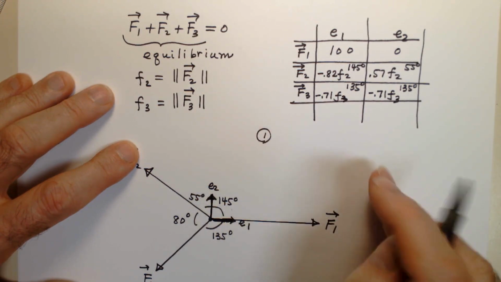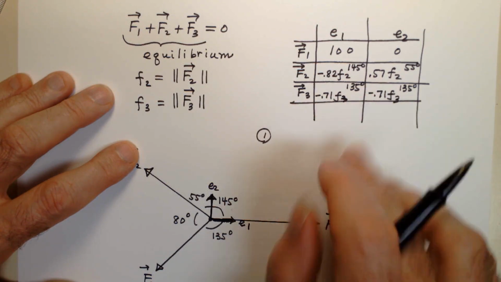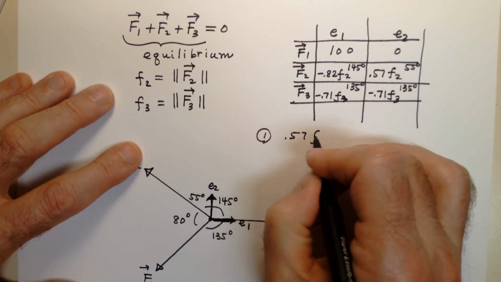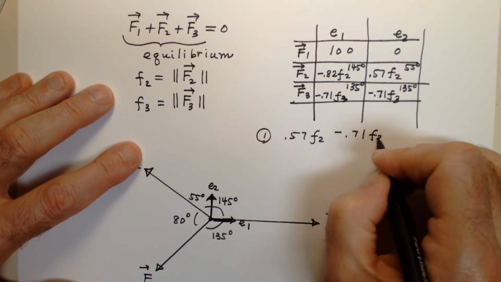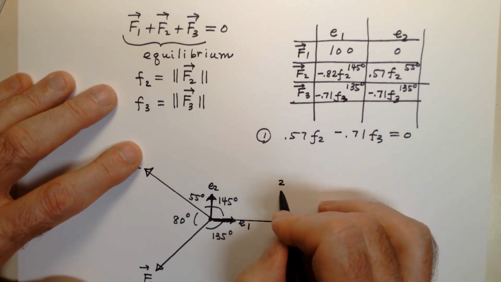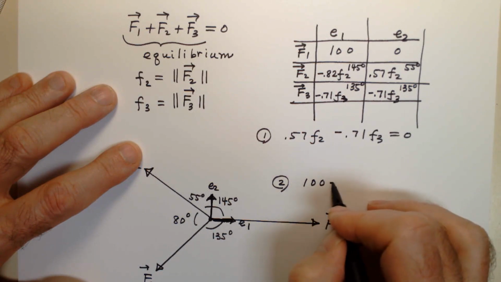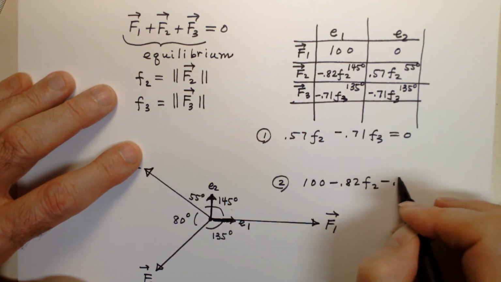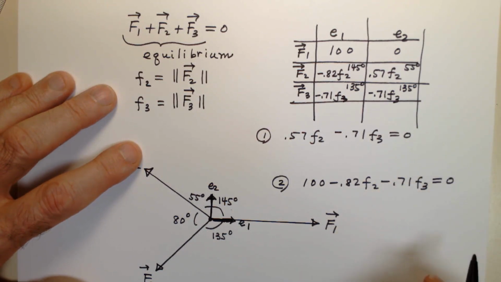Our first fundamental equation that connects these magnitudes together is 0.57 F2 minus 0.71 F3 equals 0. Our second fundamental equation is this one, which says 100 minus 0.82 F2 minus 0.71 F3 has to equal 0.